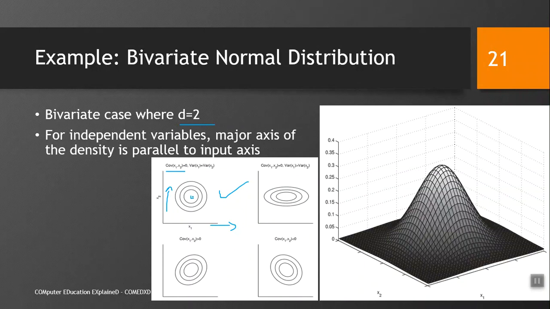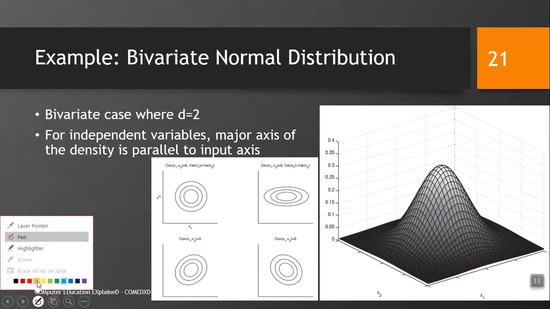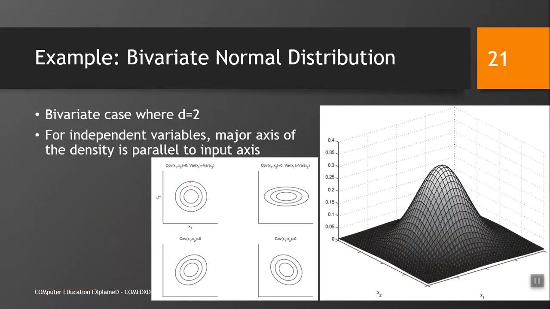For example, in this direction we will find the variance of x1, and in this direction there is the variance of x2, right? I drew it with two different colors to make the idea clear. Vertically there is the variance of variable x2, and horizontally there is the variance of variable x1, and both are equal.